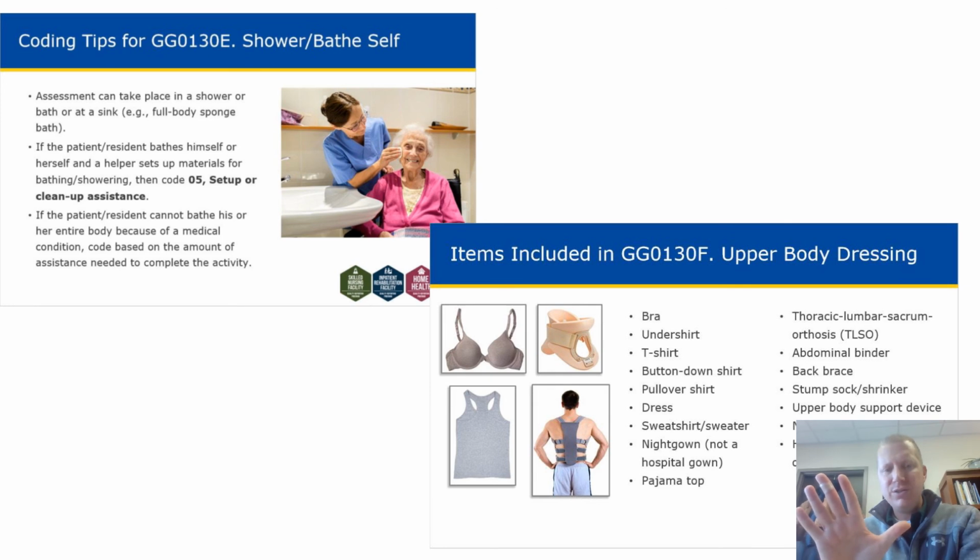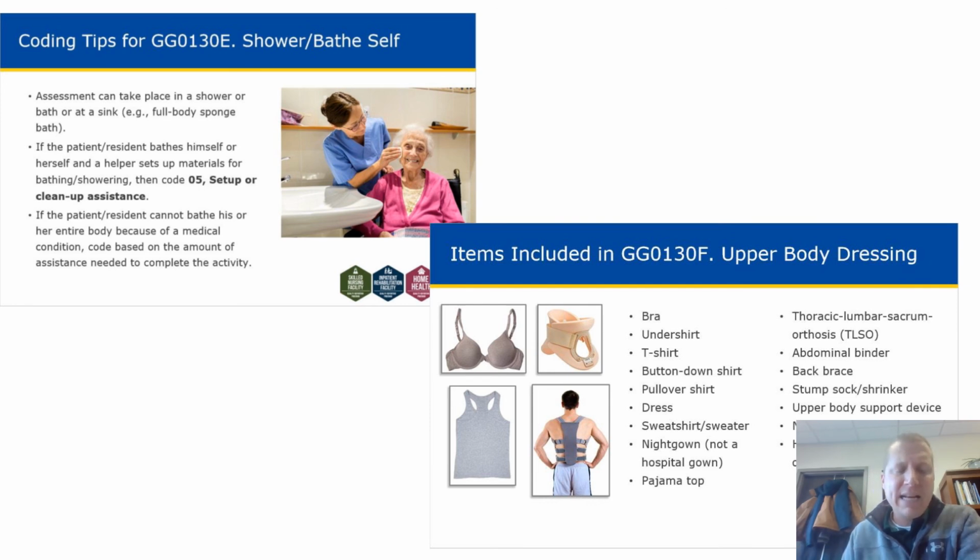How much assistance did you provide them? Did you provide physical assistance for more than 7 areas? If you provided 8 or more of those different tasks, washing, rinsing, and drying the face, upper, lower, peri area, and feet, then you would give them more than half assistance, and you would code them appropriately.